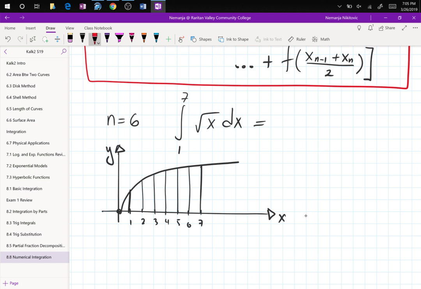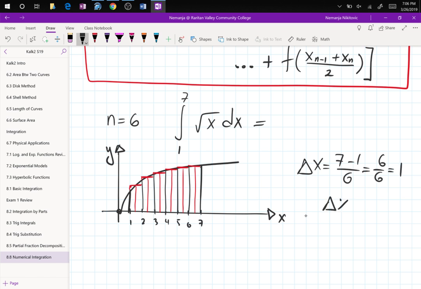So now what I have is every midpoint is going to give a rise. There we go. There they are. They connect down, obviously. So my delta x calculation is 7 minus 1 over 6, which is 6 over 6, which is 1. So delta x equals 1.